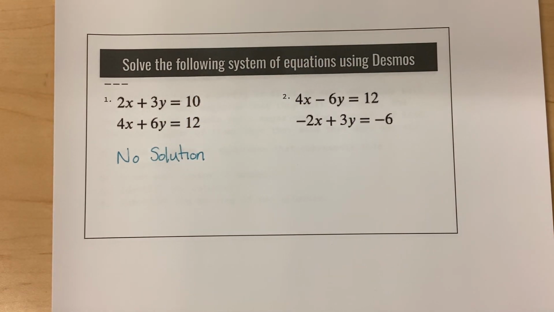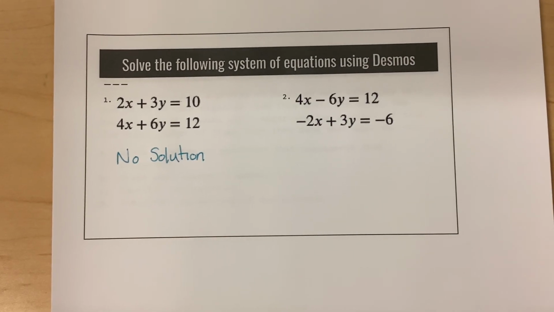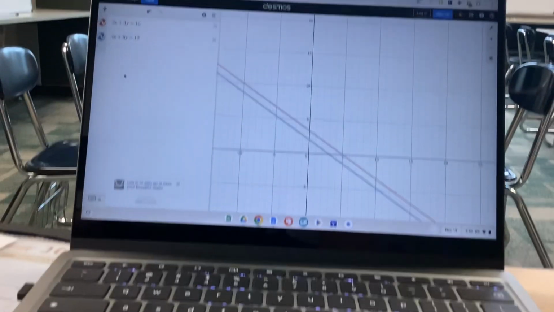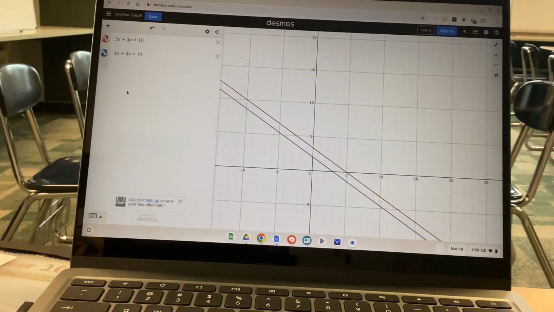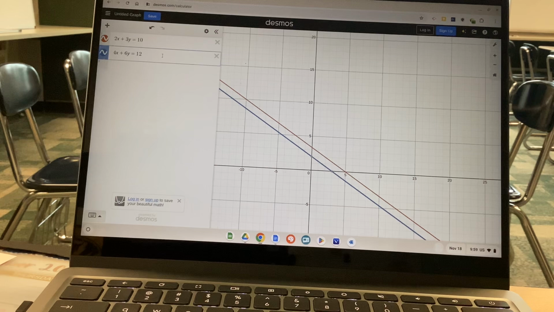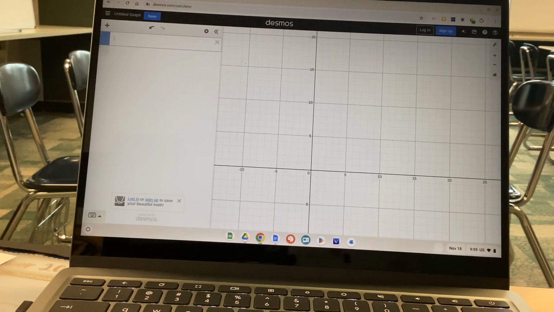All right, let's try another one. I'm going to go ahead and delete what we have here. And then our next one is 4x minus 6y is 12.